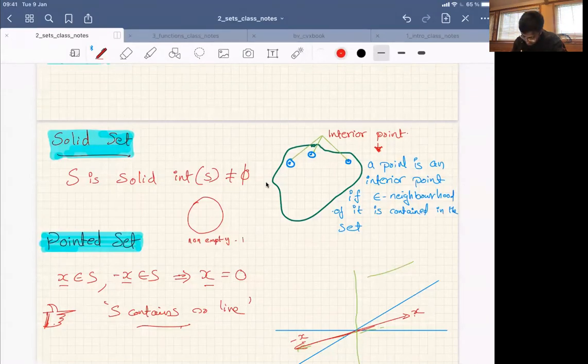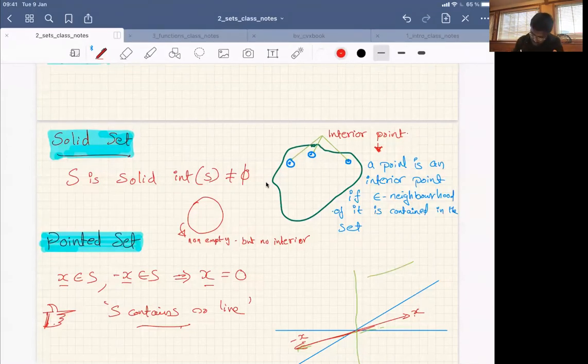So the definition of a solid set is with respect to interior points.